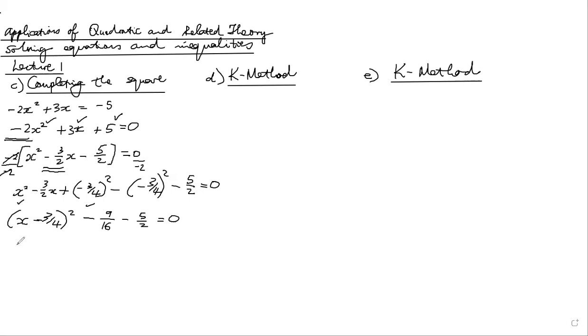So we'll move the constants to the right side and leave the variable term on the left. So this will simply be 9 over 16 plus 5 over 2. But 5 over 2 with an LCD of 16 will give us 8 times 2, which is 16, for the denominator, and 8 times 5 is 40 for the numerator, and that's simply 49 over 16.